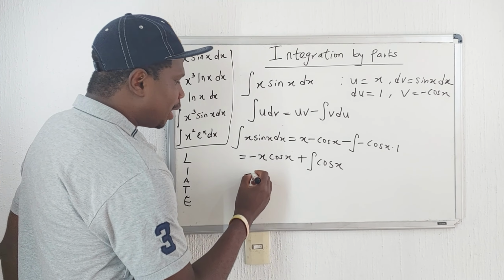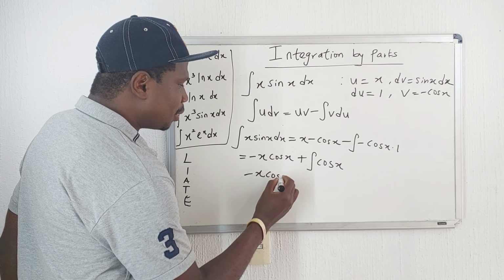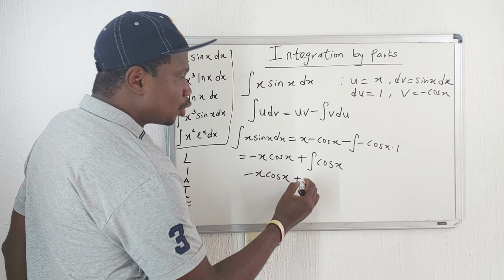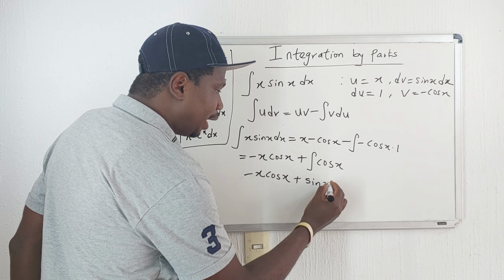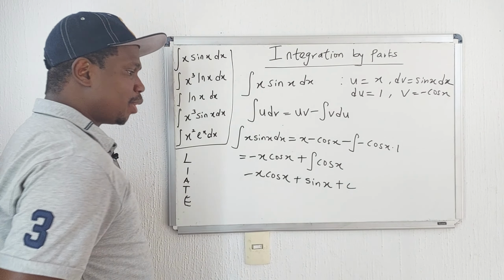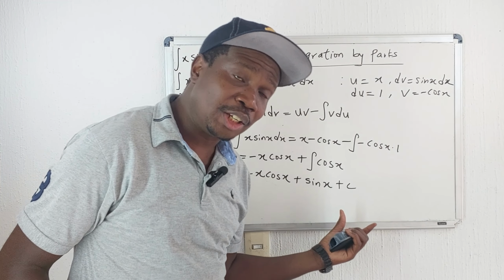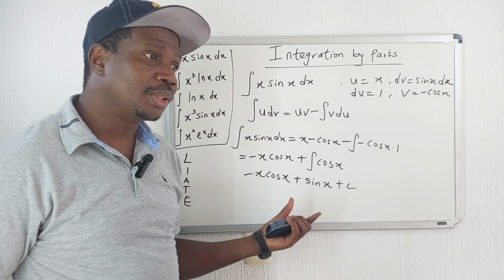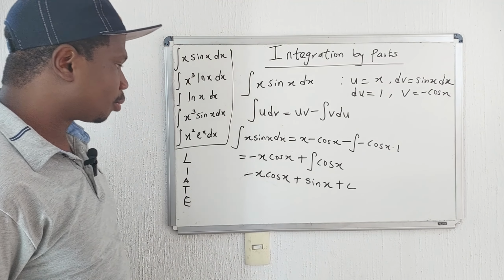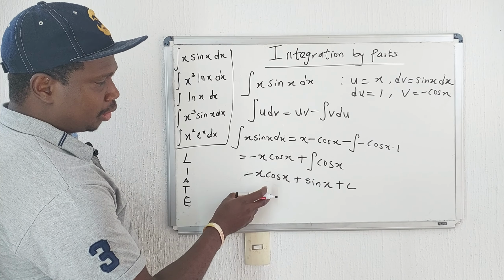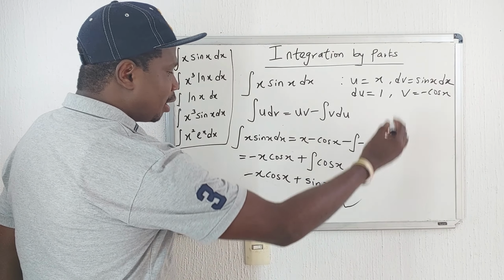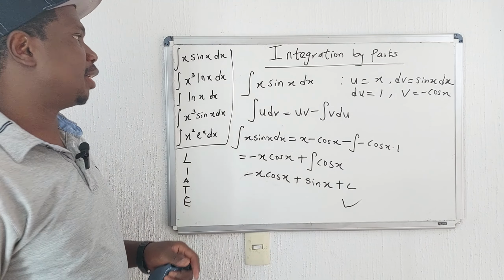Now I have minus x cosine x plus the integral of cos x, which is sine x plus c. After you finish integrating, you must put your constant of integration, which is plus c. This should be my final answer.